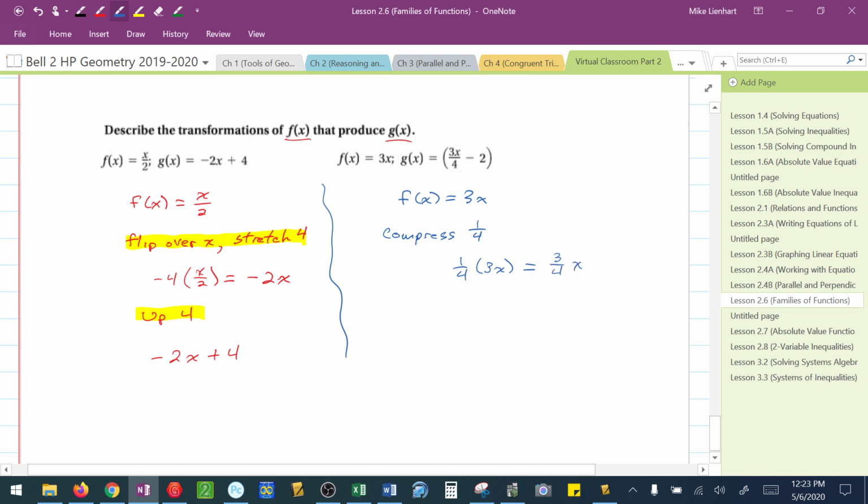Okay, I got that part. Now I want to go minus 2, but notice how it's inside the parenthesis. So what that's saying is right 2, and that right 2 would take me to 3/4 x minus 2. So what did I do? I compressed by a fourth, and then I went right 2.